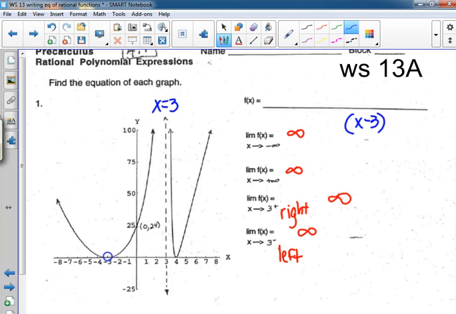I think there's a 0 at negative 3. So that means x plus 3 up here. Anybody have another suggestion about this? What is it actually doing there? And over here?